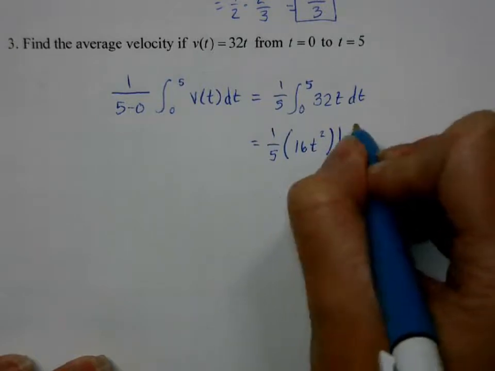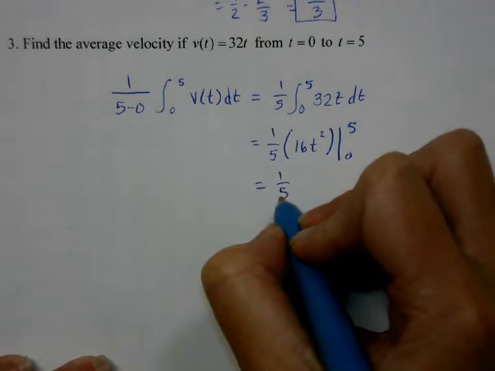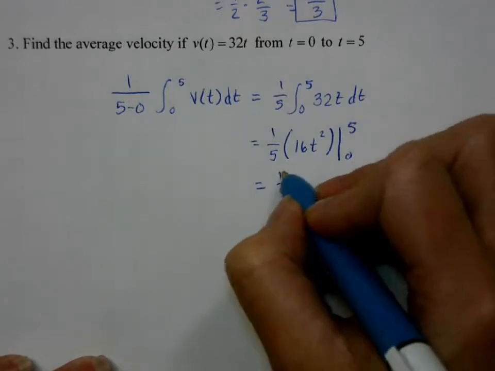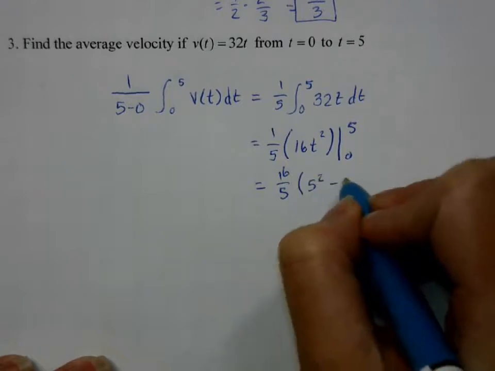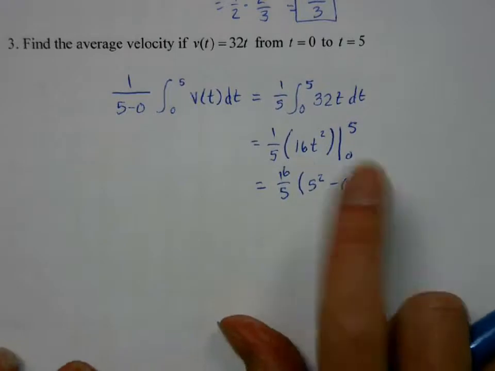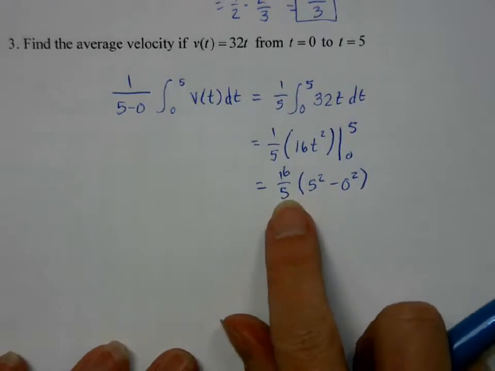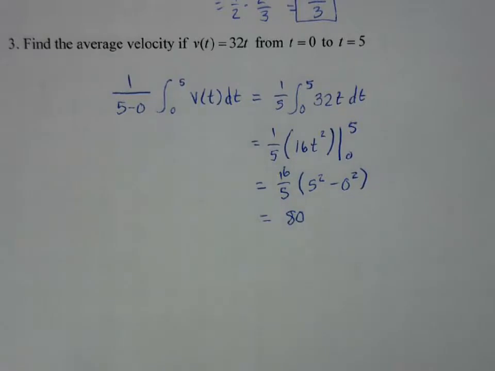Evaluate that from 0 to 5. Let's go and put the 16 there. So this will be 5 squared minus 0 squared. So 5 squared is 25. If we multiply that by 16/5, we will get 80. And we don't have units, so we'll go with that.